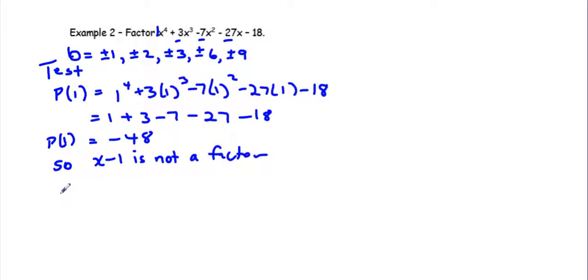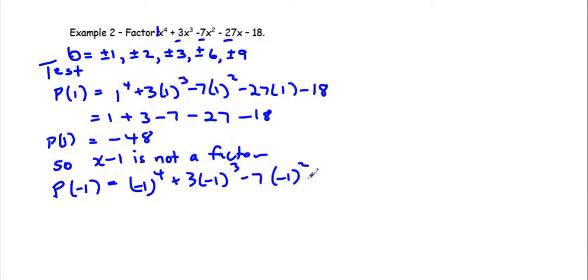Let's try p of negative 1. It might work. So let's look at that. Negative 1 to the 4th plus 3 times negative 1 cubed minus 7 times negative 1 squared minus 27 times negative 1 minus 18. So when we do this one, we get 1 minus 3 minus 7 plus 27 minus 18.